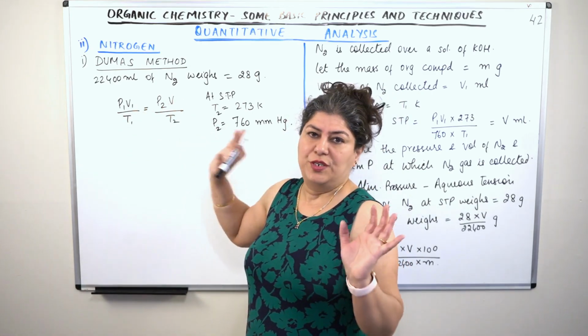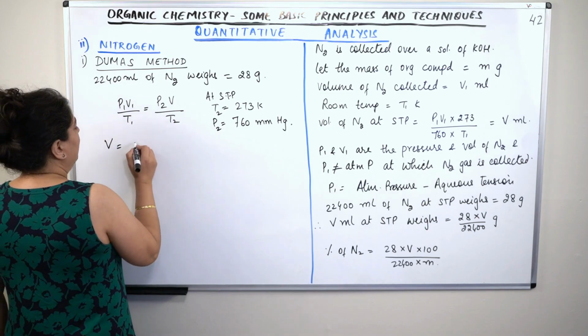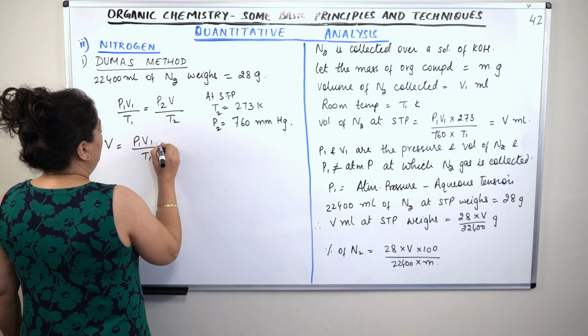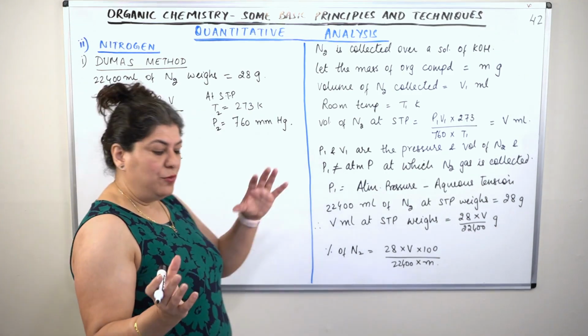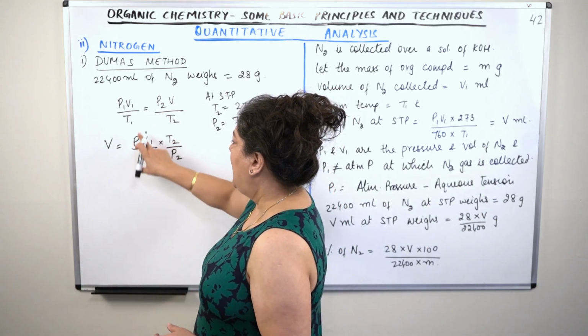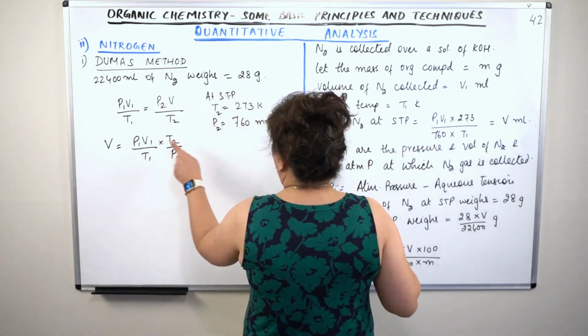V and V1 are different, that is clear to you. So if I want to calculate V from this, V would be equal to P1V1 upon T1 into T2 upon P2, right? All I did was cross multiply. And what is T2?